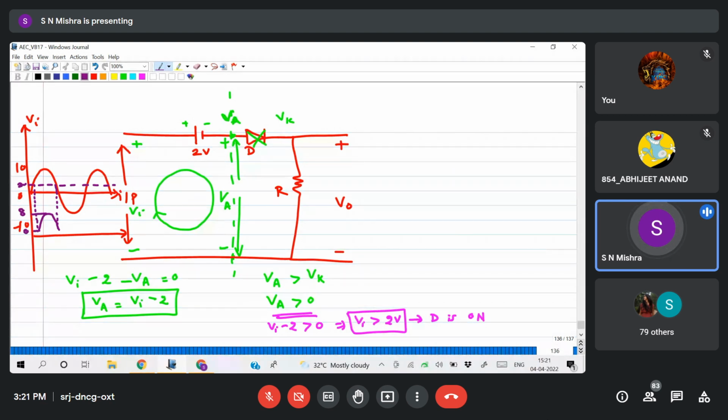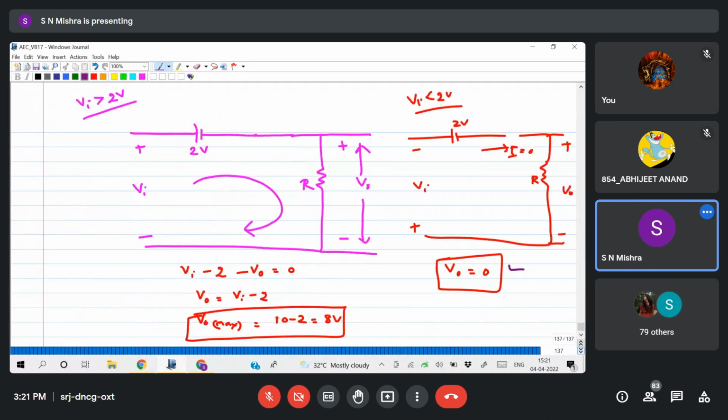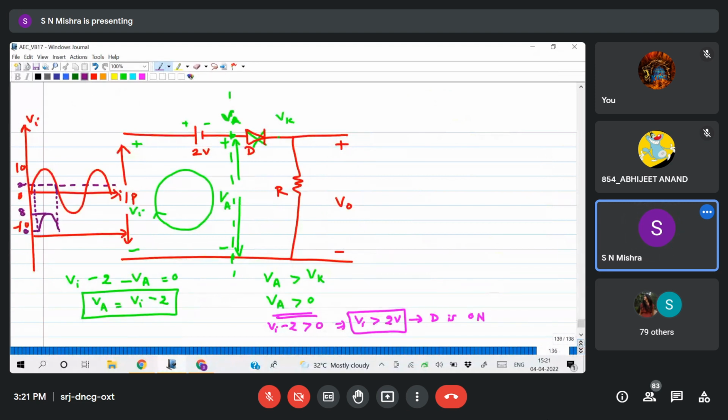Then as soon as it comes below 2, the output voltage is again 0.